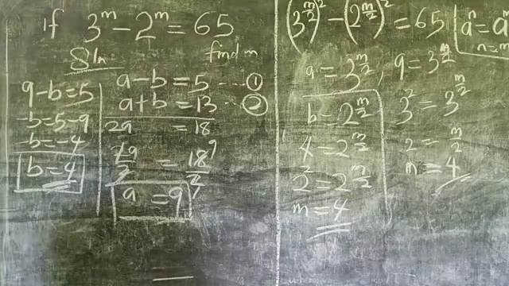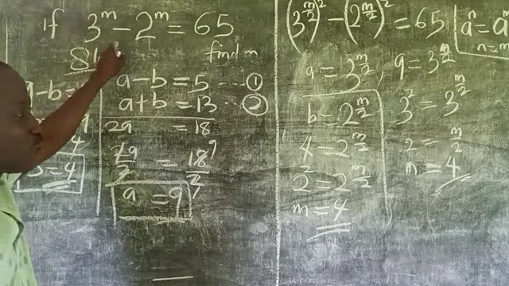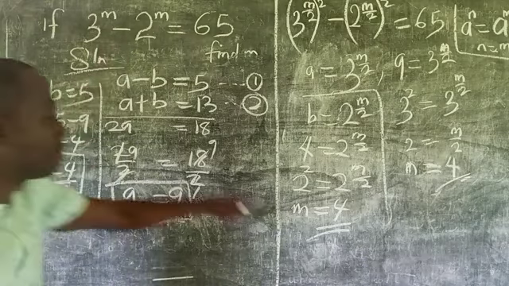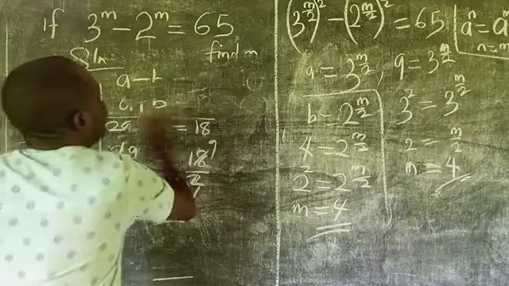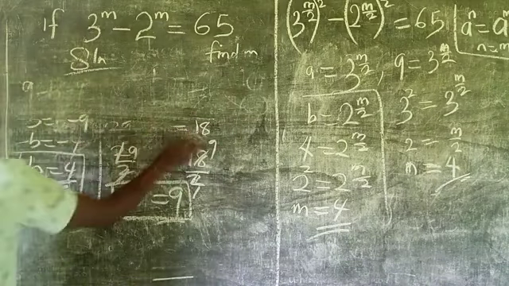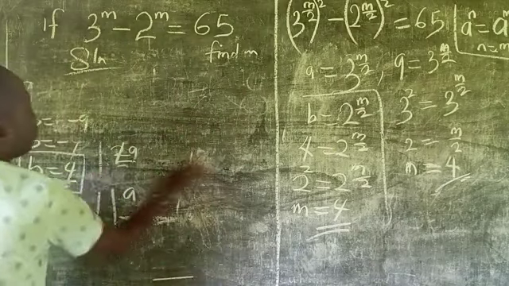So if we want to prove if what we got is correct, we want to come back to the original equation and put 4 wherever we have n. We are going to substitute 4 to check if we are right or wrong.